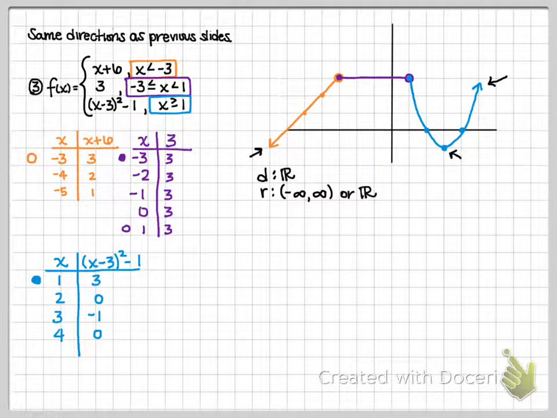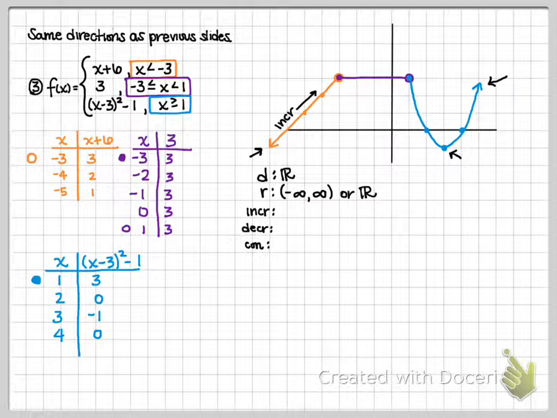Then the next thing that we have is increasing, decreasing, and constant. Now, when there are multiple things that could be happening in a graph, I like to start from left to right and just see what's happening. So as I come in from the left, I'm going to be at the orange. It looks like this is increasing as I get closer and closer to that orange-purple business that's happening.